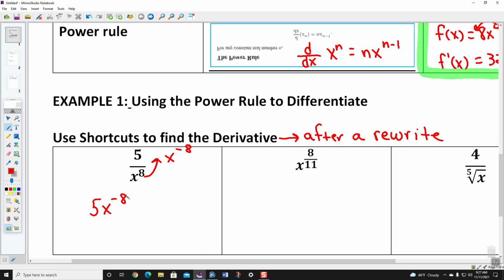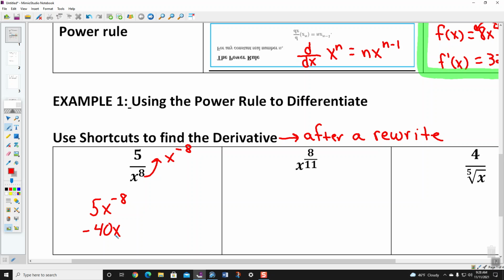So would it be easy to use power rule now? I'm going to pull the negative 8 out front. So what's the negative 8 times the 5 going to get you? Negative 40. x to the 7? Close. We're subtracting. So if we're at negative 8 and go down one more, now where are we?